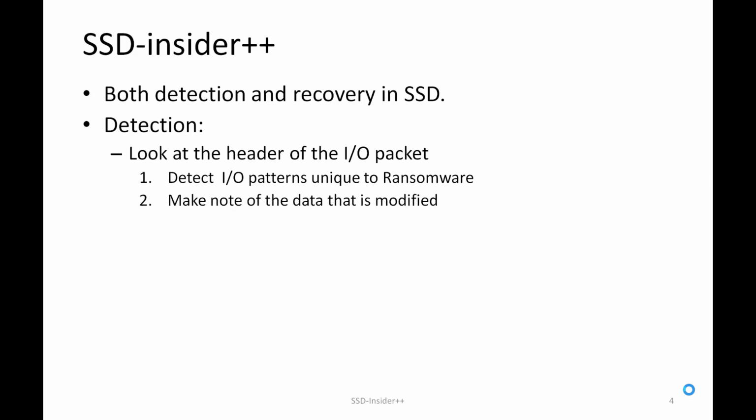Also, looking at the header of this IO packet can help us to make note of all the changes to the files that are happening. If some file has changed, we would know which file it is, where its original version was placed, and where its newer version is placed. Right? This would help us in the recovery part.